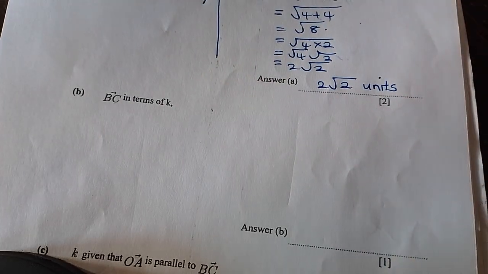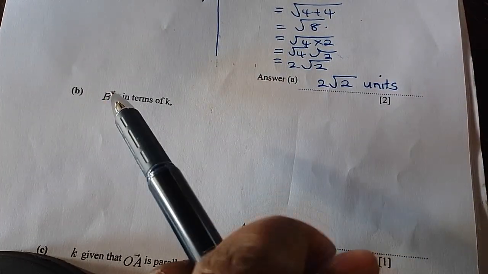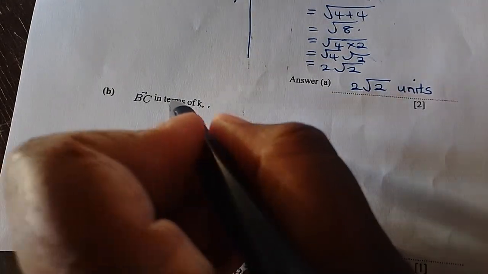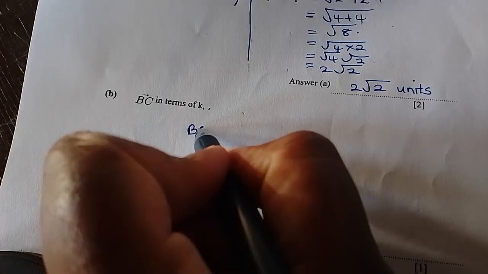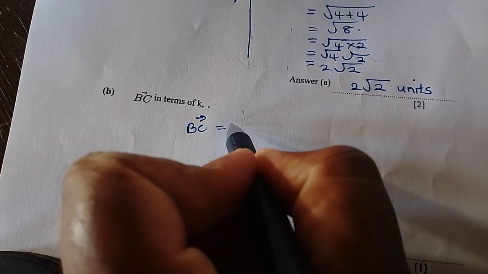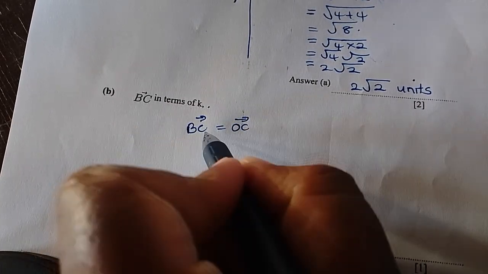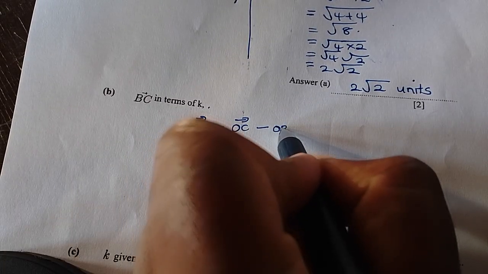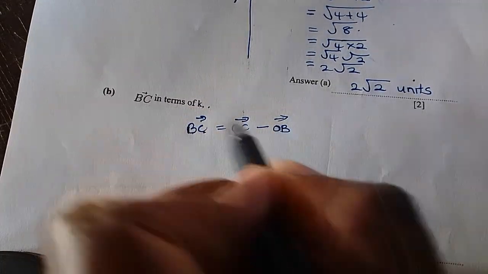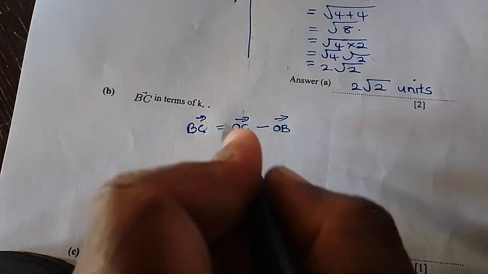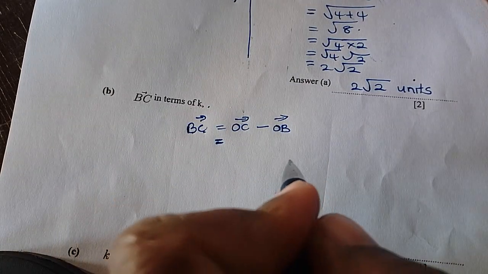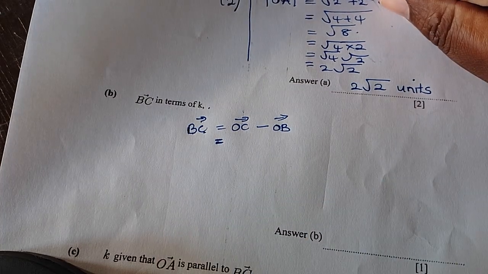is the modulus, right? We want to find the vector BC in terms of K. Whenever you have a vector BC, remember this formula: vector BC is equal to OC, the position vector of the last letter, minus OB, the position vector of the first letter there. So OC is equal to 3, 2.